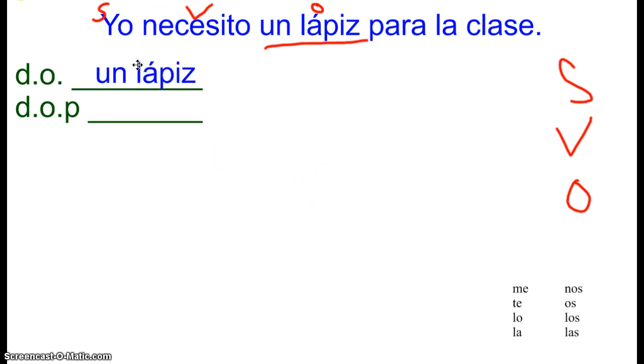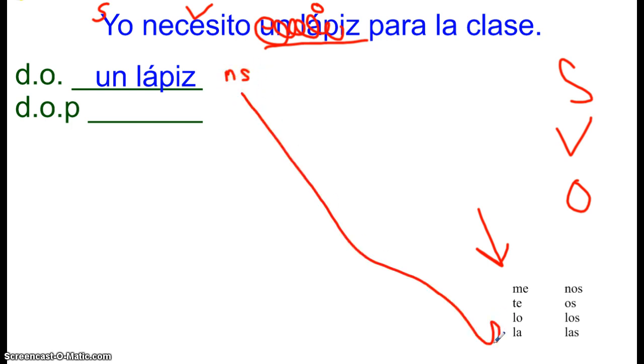I'm going to rewrite the sentence eliminating the object and choosing one of these direct object pronouns to stand in its place. Just like basketball, football, hockey, anything where you have player substitution, whatever you take out of the sentence has to be represented by something equal. So un lápiz is masculine singular, so I'm going to check the chart of DOPs and choose the masculine singular DOP, lo.